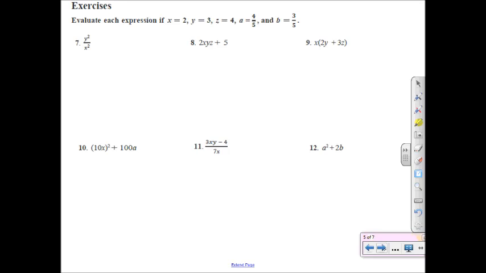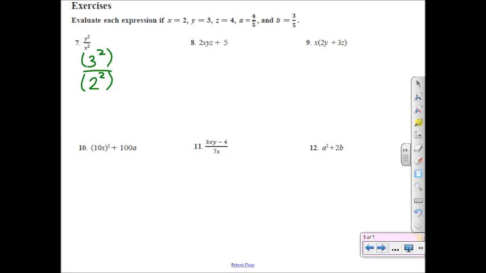In number 7, we have y squared over x squared. So y is 3 squared over x is 2 squared. And we're going to treat each numerator and denominator separately. So we're going to do the stuff in parentheses.